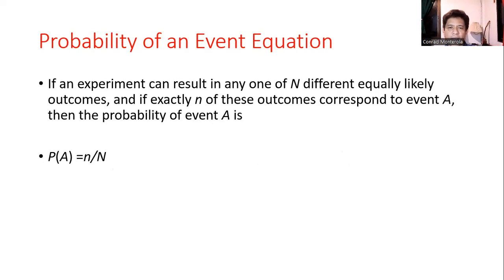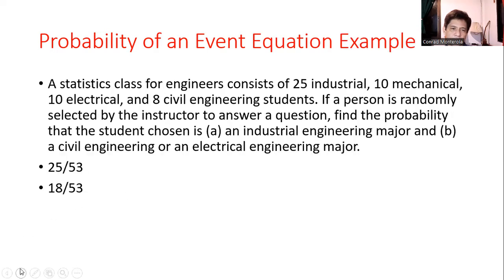And if exactly n of these outcomes corresponds to event A, then the probability of event A equals small letter n divided by capital N. Okay, so let's have an example for using the equation, small n over capital N. Yung formula natin sa problem na to.